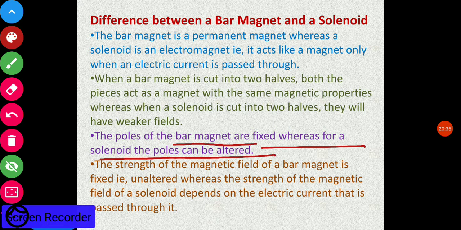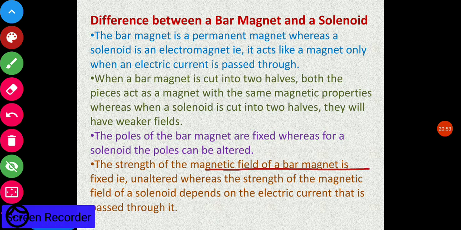If you reverse the direction of the current, then the poles will be altered, meaning the north pole will become the south pole and the south pole will become the north pole, while in the case of the bar magnet it is not so. Next difference: the strength of the magnetic field of a bar magnet is fixed, that is, unaltered.